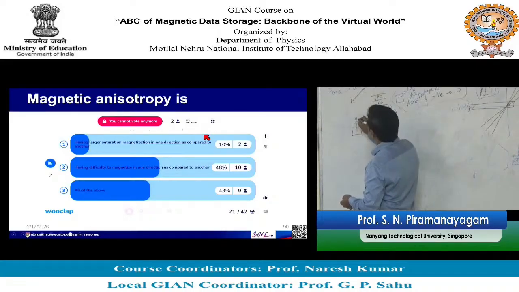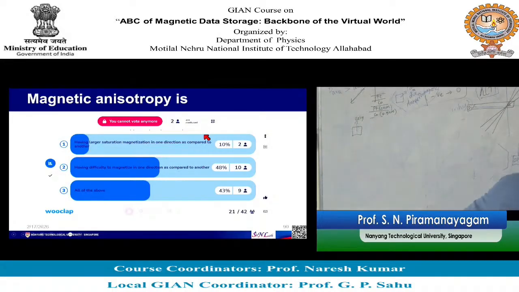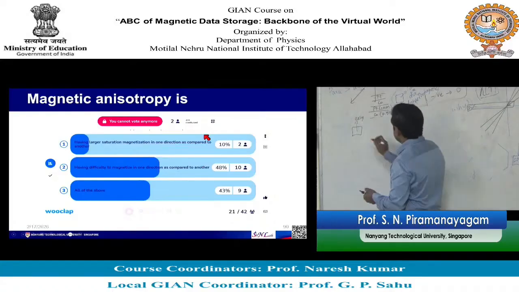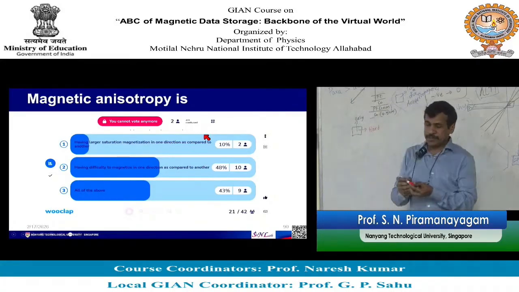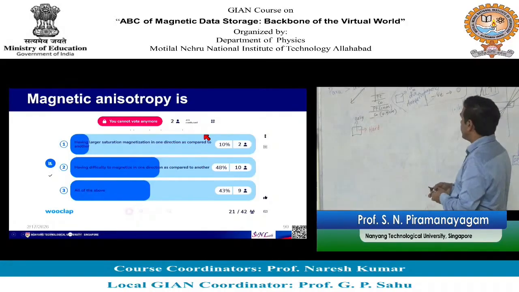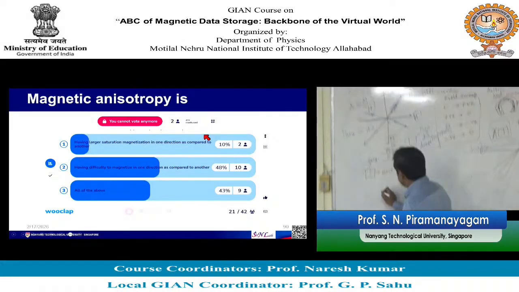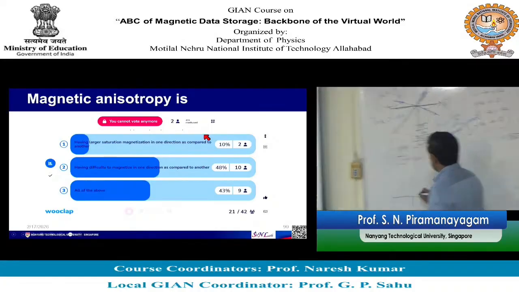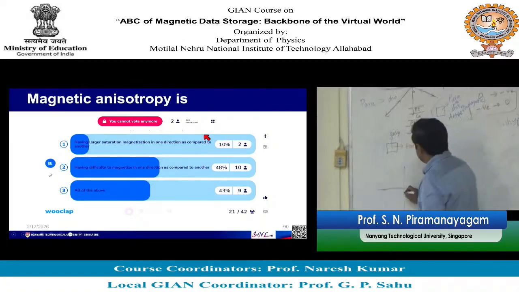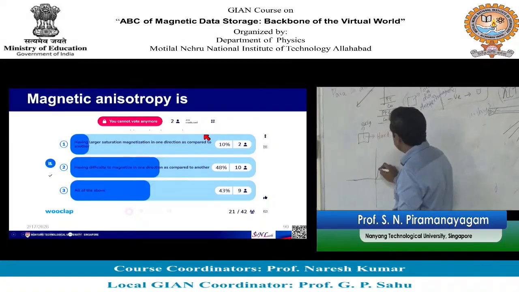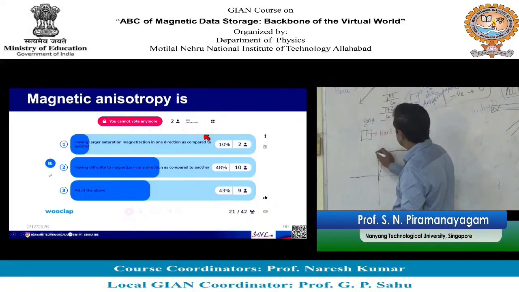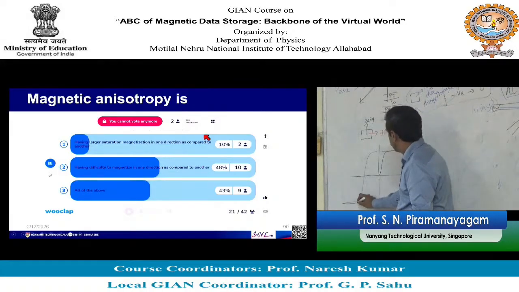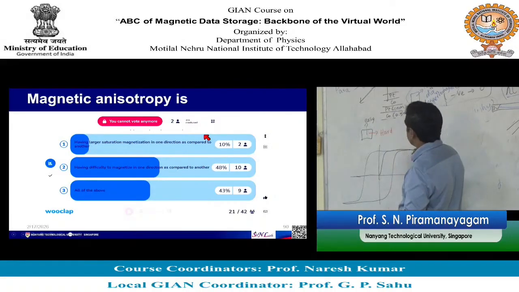Let's call one of them easy and another a hard direction. Okay, so I measure the hysteresis loop along the easy and hard direction. So in the easy direction, I'll quickly reach saturation, then I'll get some hysteresis like this.